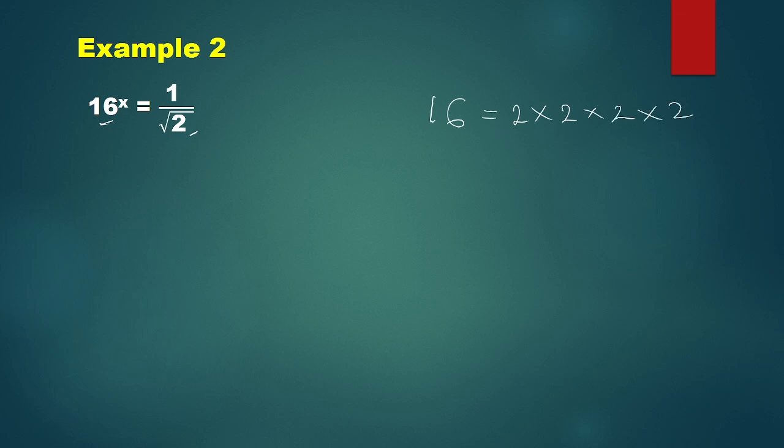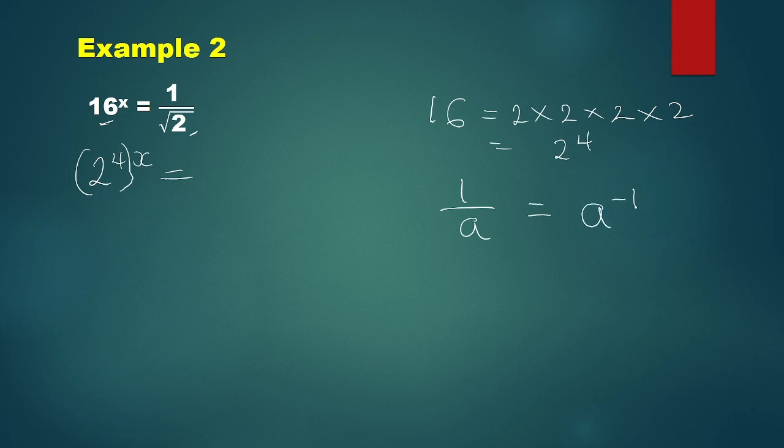That is 2 in 4 places, which is the same thing as 2 raised to the power of 4. So I can rewrite 16 as (2 raised to the power of 4) raised to the power of x, equals, now don't forget the rule that says that 1 over a is equal to a raised to the power minus 1.